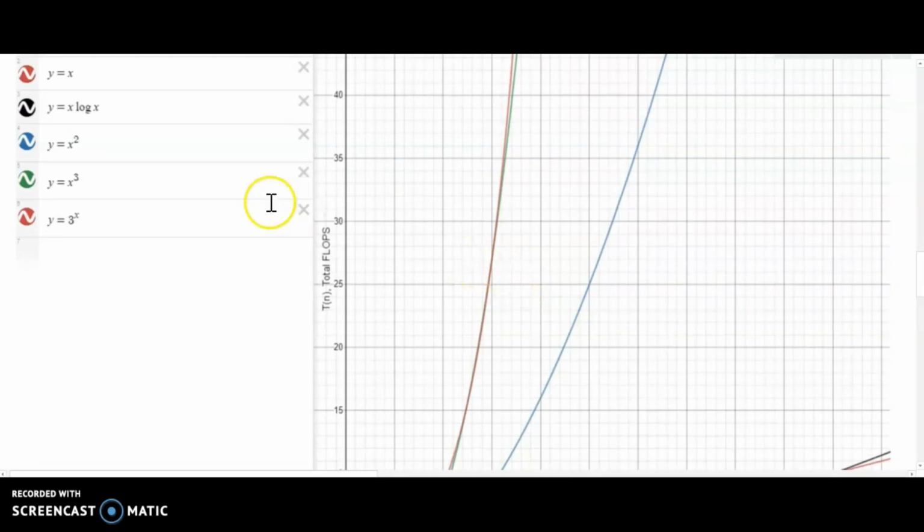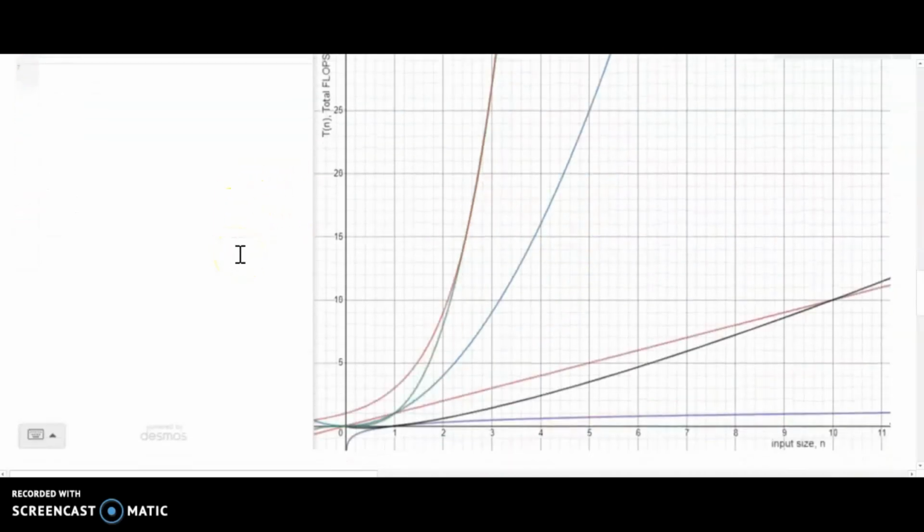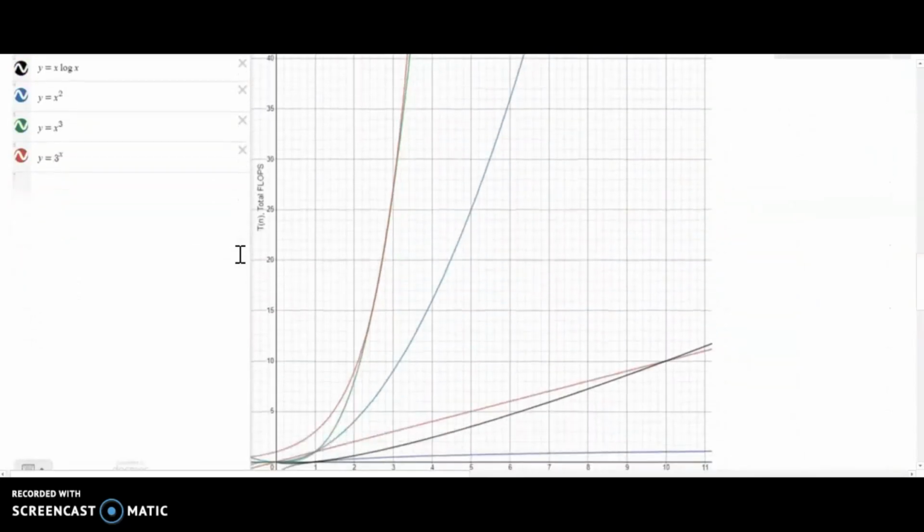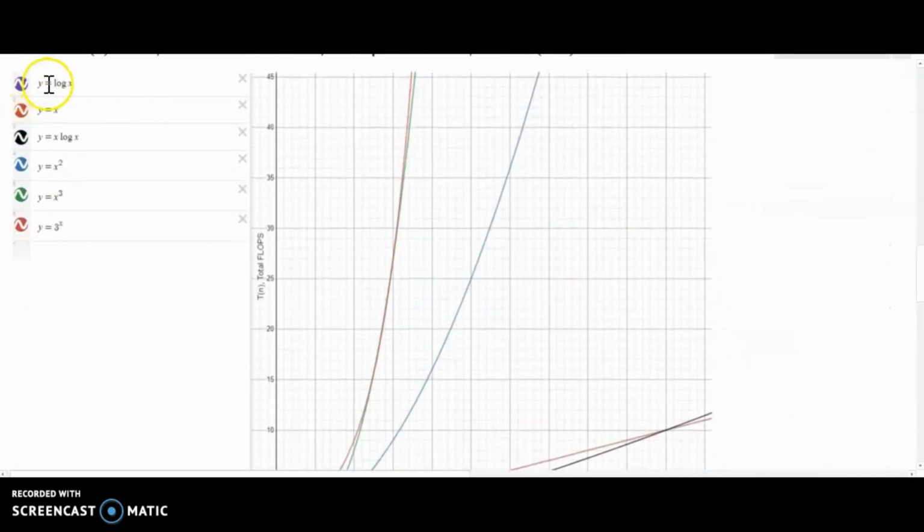What we want to emphasize here is that certain functions will grow more rapidly than others. So in this, we actually have arranged from fastest, or most efficient, to least efficient.